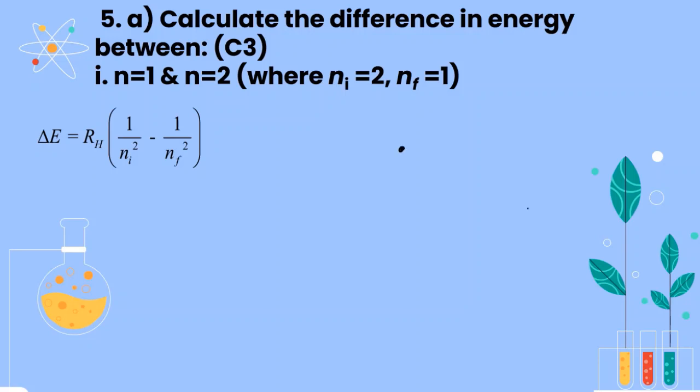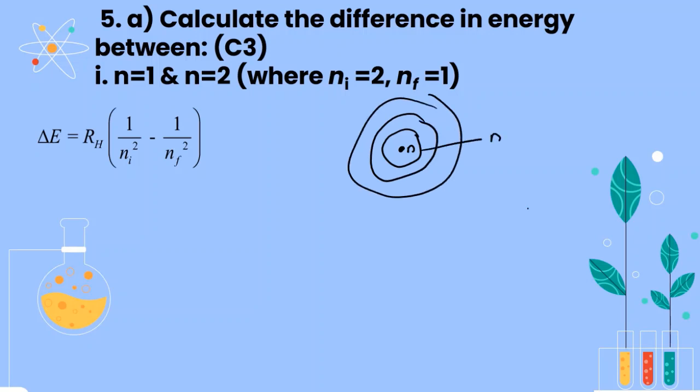Let's say this is your nucleus, here is n equals 1 and here is n equals 2. Since n initial equals 2, your electron moves from n equals 2 down to n equals 1. So this is what happens.